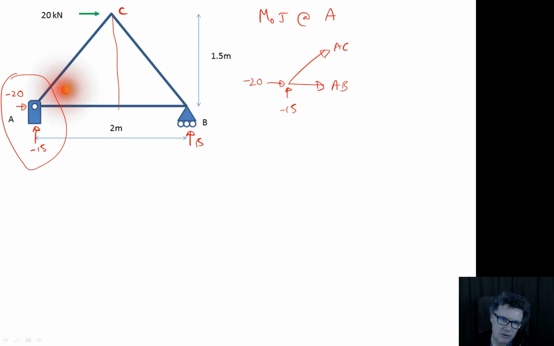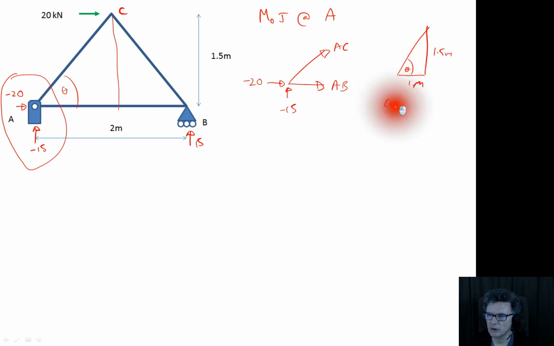So the other thing you want to do is a little bit of geometry when you're doing this sort of analysis. So we've got 1 meter, 1.5 meter, and we're calling that theta. So that tells me that cos theta equals 1 divided by, actually I need to work out what that length is then. What's the hypotenuse?